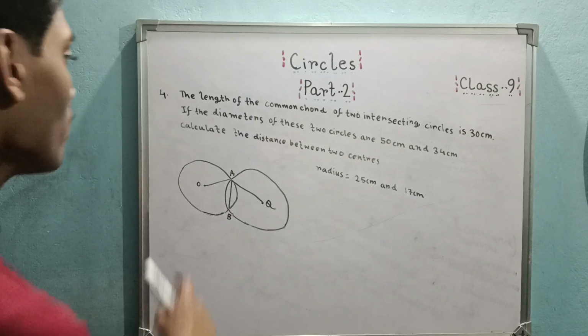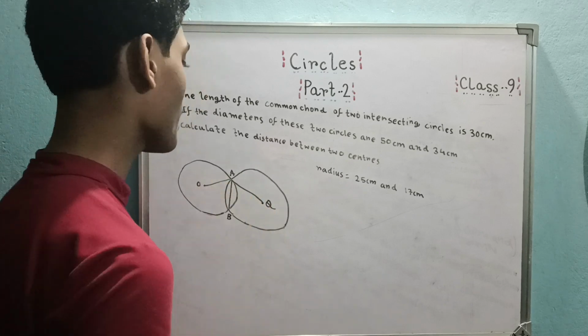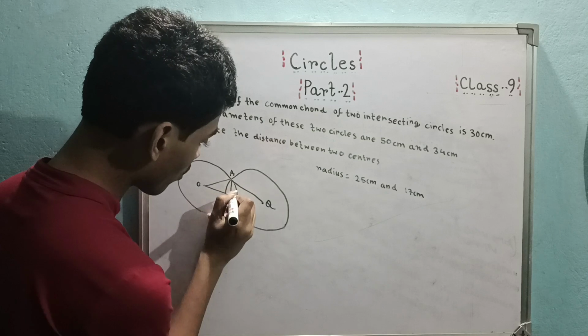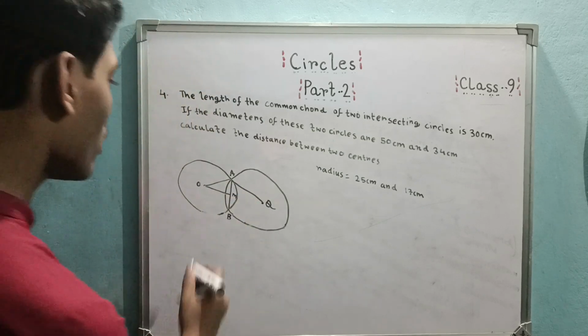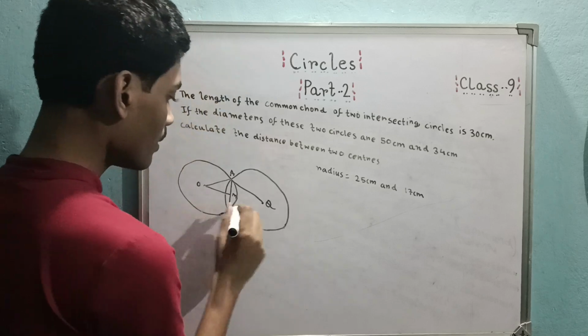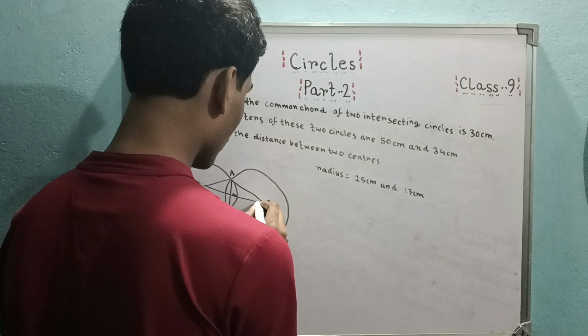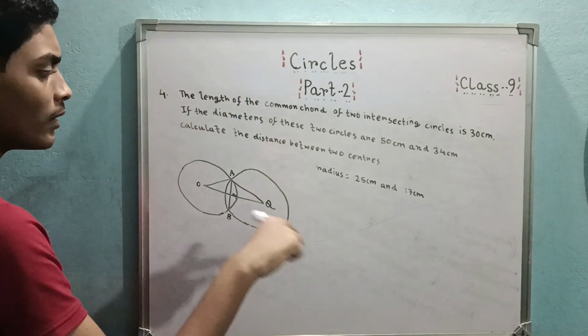Then from the center, if I draw a perpendicular on AB, suppose OM, then OM is perpendicular to AB. Similarly, if I draw perpendicular MQ on AB, then AB is perpendicular to MQ.